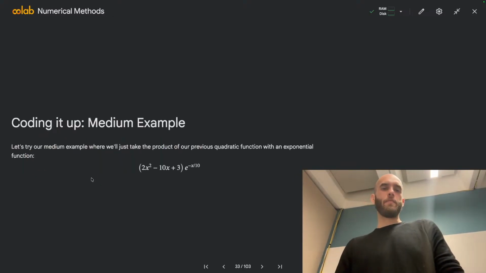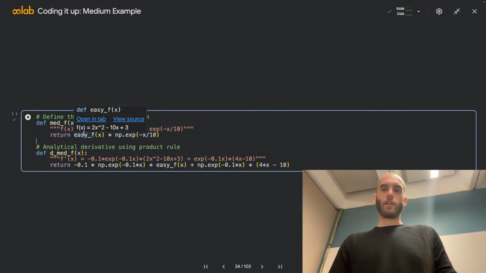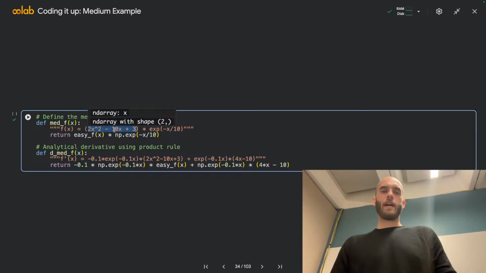So this is maybe a slightly harder problem. We talked through how we would go about finding the derivative using the product rule. And this is just me coding up that function. We'll call this medium f, so medium difficulty. You'll remember f of x is equal to our original f, 2x squared times 10x minus 10x plus 3.